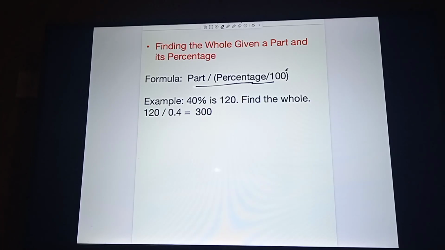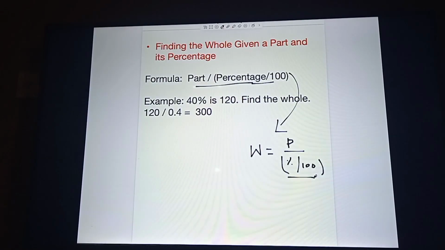If you want to find the whole, then you use this formula, that is part divided by percentage over 100. That is, we divide the known part by the decimal form of the percentage.